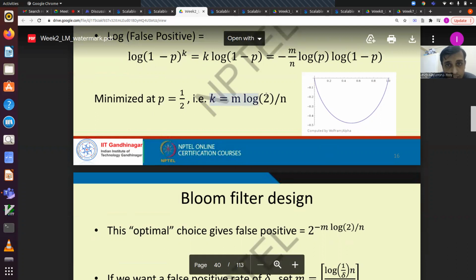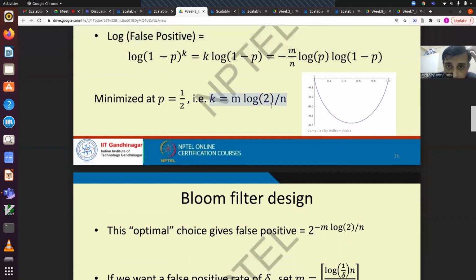So in this formula, if you put the values of k, m, and n, then you have k equals 4. Right, is equal to, let's say we have 10n log 2 by 5n.